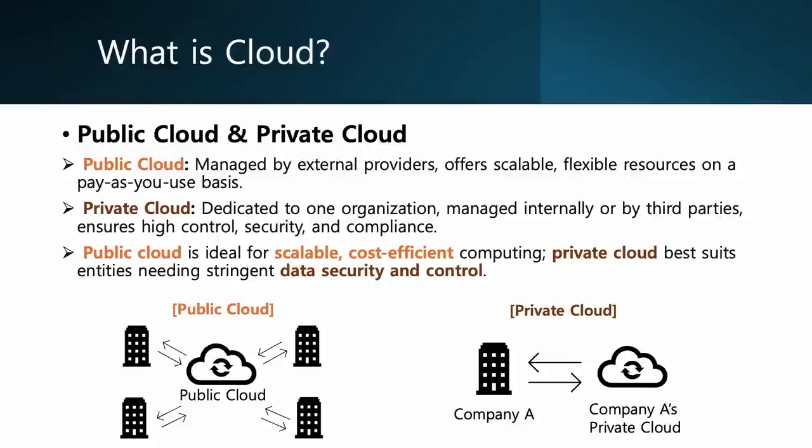These characteristics make the public cloud an ideal choice for scalable and cost-effective computing. A private cloud is a cloud environment dedicated to a single organization. This can be managed internally or by a third party, ensuring high control, security, and compliance. Private clouds are primarily suited for organizations that require strict data security and control.